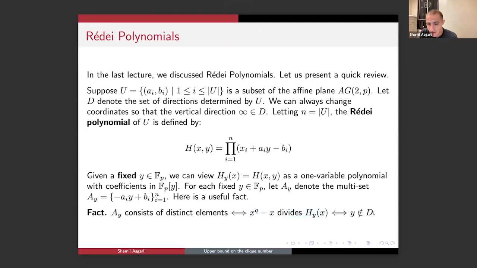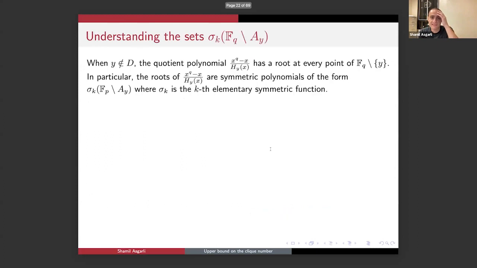Now, because y is not in D, I know that x to the q minus x divided by hyx is a legitimate polynomial. But not only that, because x to the q minus x has distinct roots, all the roots of x to the q minus x are just all the roots in Fq.